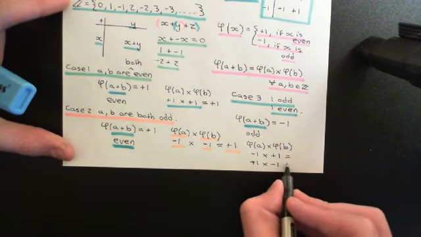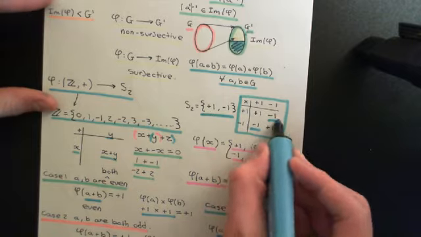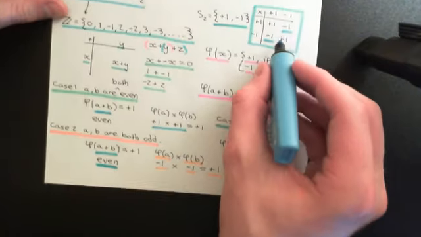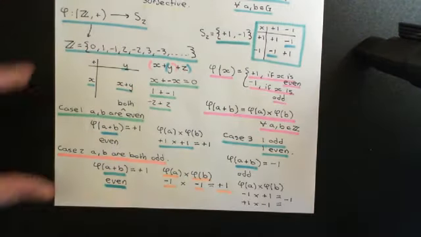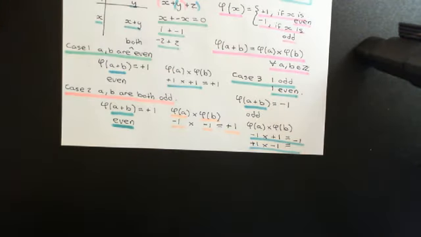And the answer to both of these is -1, as we know from our composition table. We're looking at these two entries here, basically. Because S2 is a nice abelian group, these two answers here are exactly the same. So that means that the answer to the right-hand side is also -1, so it adds up to what it is on the left-hand side. It matches up. So that's excellent.